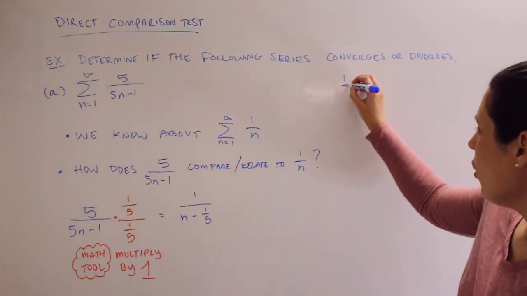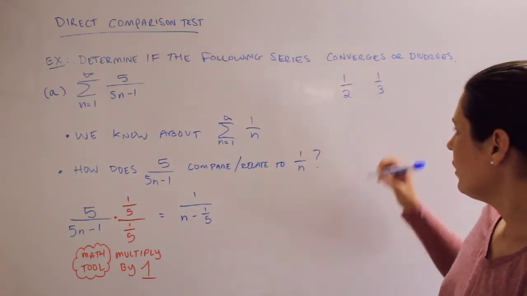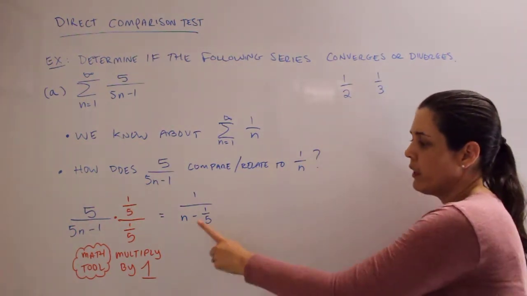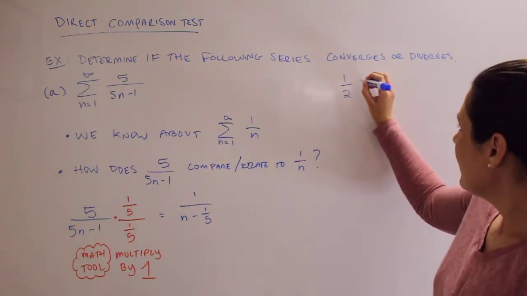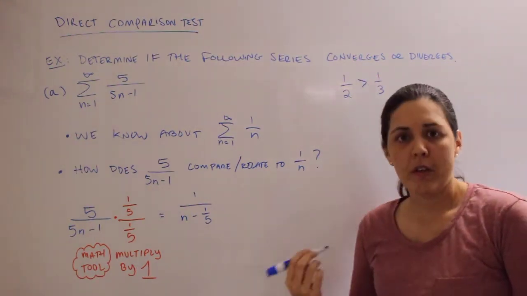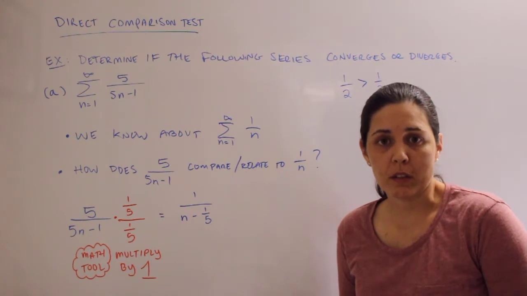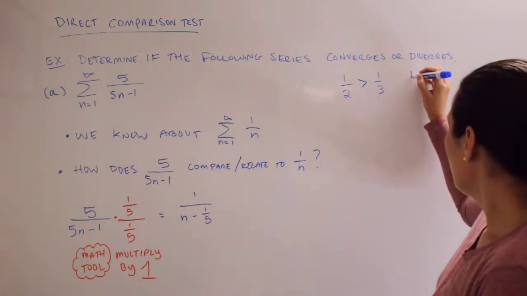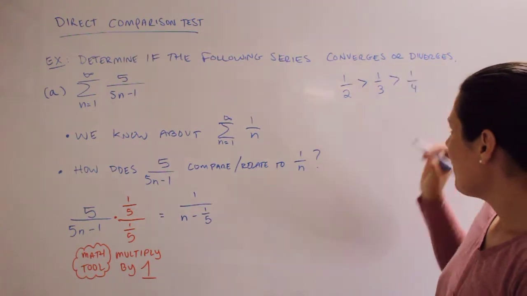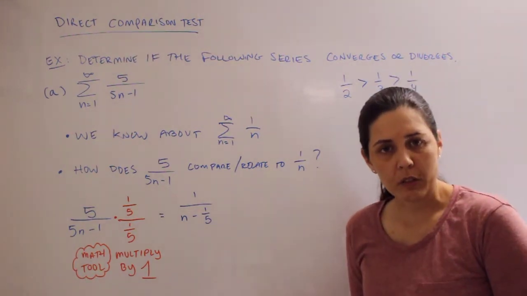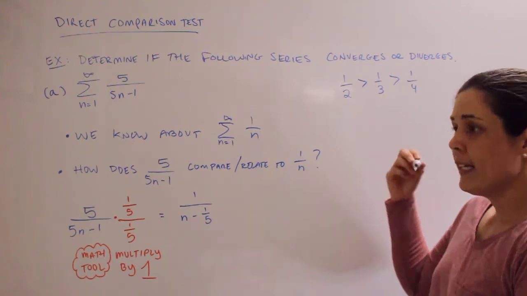If I had 1/2 and 1/3, the smaller denominator is actually a bigger value. 1/2 is bigger than 1/3. Do it again. 1/4 and 1/3, well, again, the smaller denominator makes the quantity larger. 1/3 is bigger than a fourth, and so on.